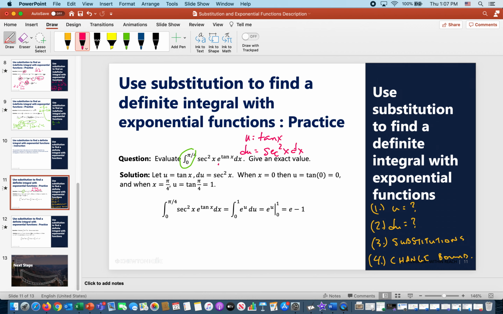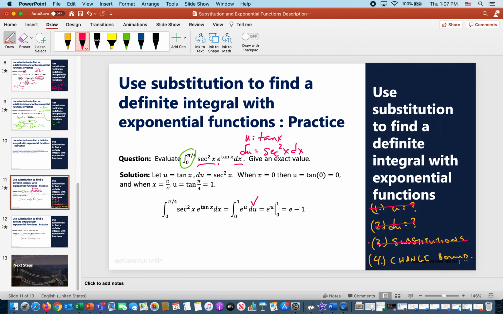If you're wondering where that secant squared x came from, we're taking the derivative of tangent, okay? So this brings up what my problem is going to look like. Secant squared x dx gets replaced by du, and tangent x gets replaced by u, so we have e to the u du. So I've figured out what u is, I found du, and I made the appropriate substitutions.